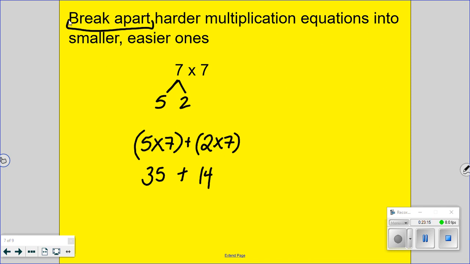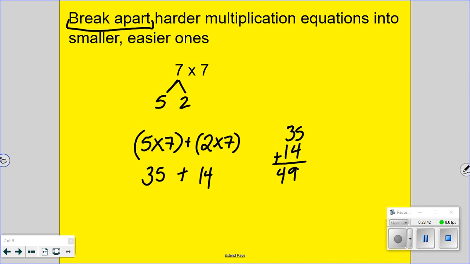There's my 2 mini sections. I now need to smush them back together. 35 plus 14. When you've got that sum, raise your hand. 35 plus 14. 49.